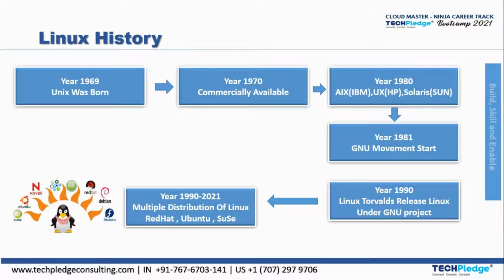There are multiple distributions of Linux from Red Hat, Ubuntu, SUSE, Novell. There are different operating systems you can see under Linux. So this is all regarding the Linux history. It was born with Unix from the 1960s and it's progressing with multiple distributions of Linux till 2021.